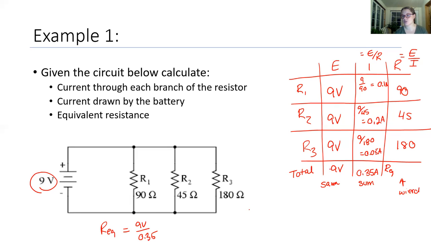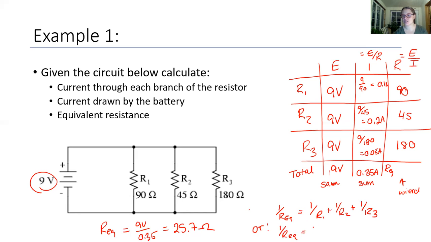Taking these two pieces of information, 9 divided by 0.35 leaves us with 25.7 ohms. Or we can use Kirchhoff's laws. Kirchhoff's law for resistance is 1 over Req equals 1 over R1 plus 1 over R2 plus 1 over R3. I wish I had more space.